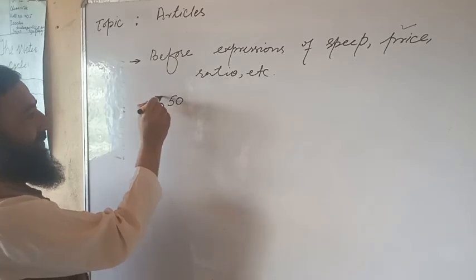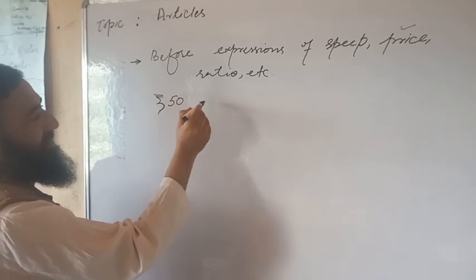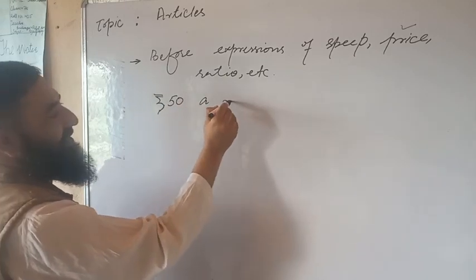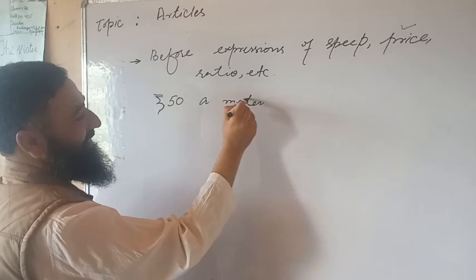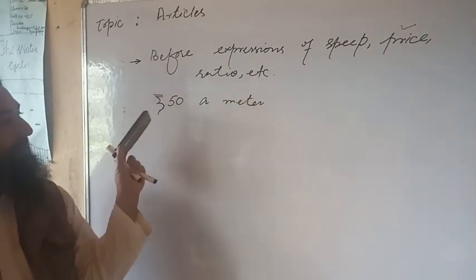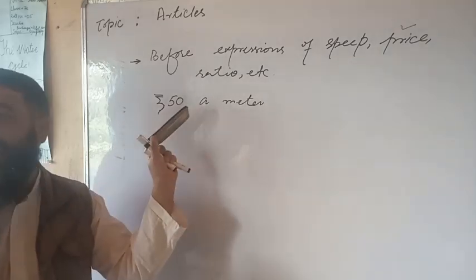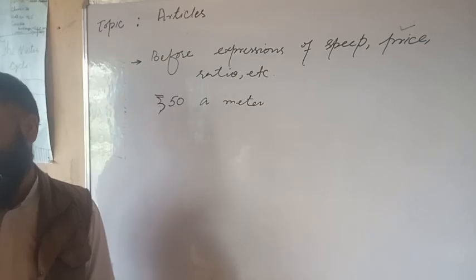Fifty rupees a meter. Remember it, fifty rupees a meter means fifty rupees per meter. Here a stands for per.